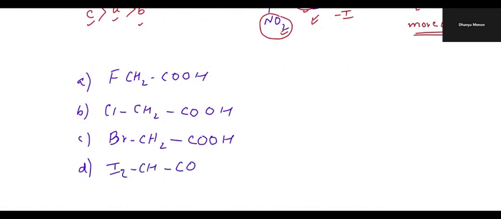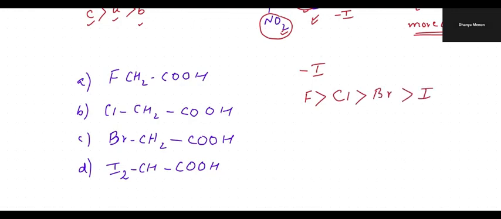Now all of them are minus I effect groups, right? Fluorine has more electron withdrawing effect than chlorine, then bromine, then iodine. Minus I is nothing but electron withdrawing group.